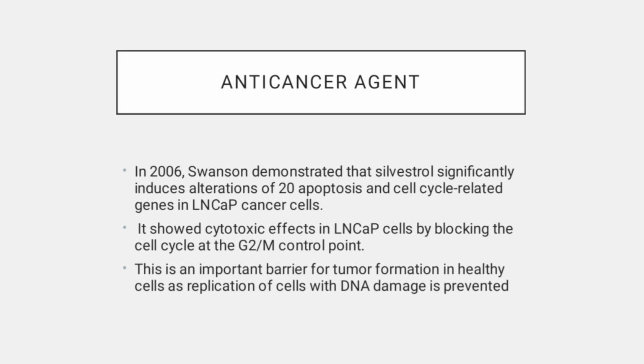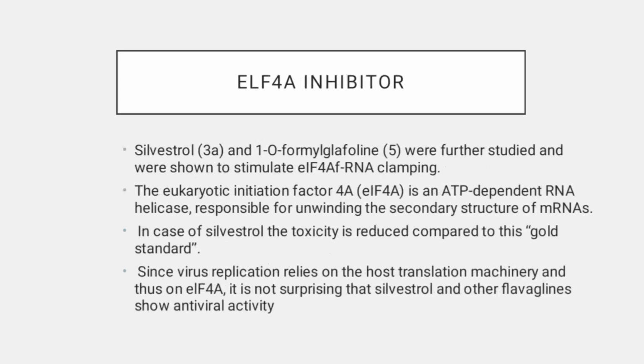The G2 phase is a subphase of interphase in which spindle formation occurs, the cell grows, and the cell prepares to go into the mitotic phase. This is an important barrier for tumor formation in healthy cells, as replication of cells with DNA damage is prevented. So what is an eIF4A inhibitor?